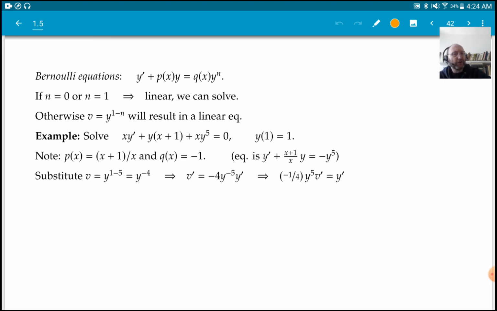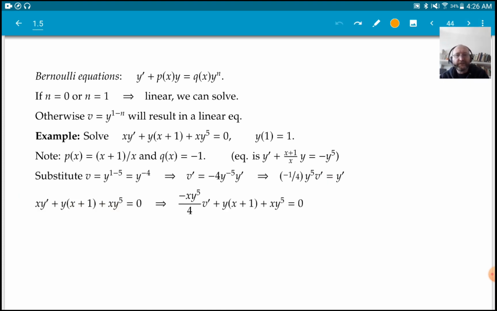And I can solve for y prime. We're going to take our equation over here and substitute, putting the y prime in here. So I get this equation over here.